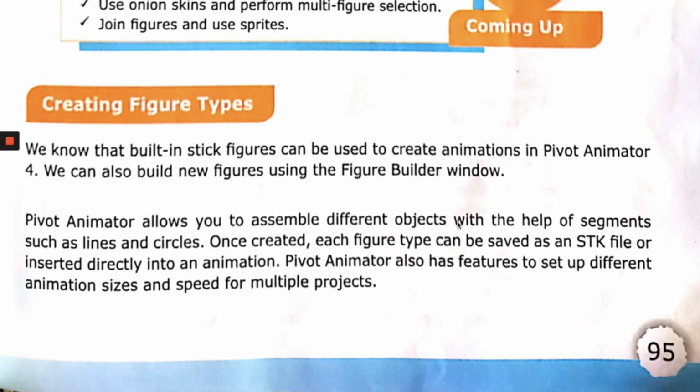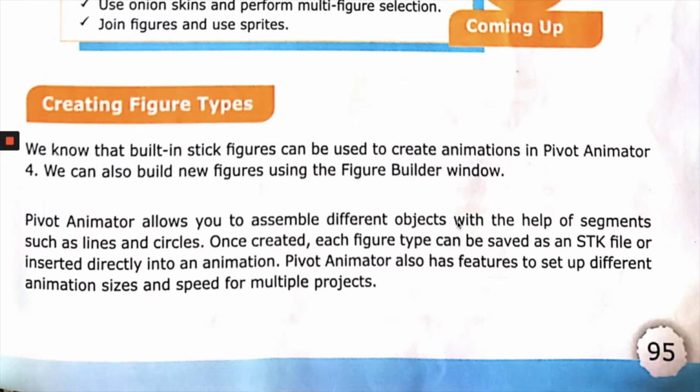Pivot Animator allows you to assemble different objects with the help of segments such as lines and circles. Once created, each figure type can be saved as an STK file.